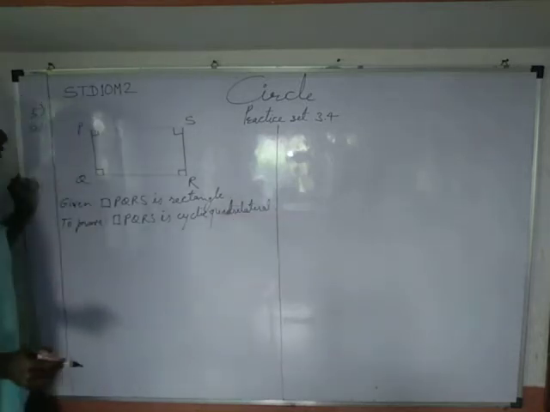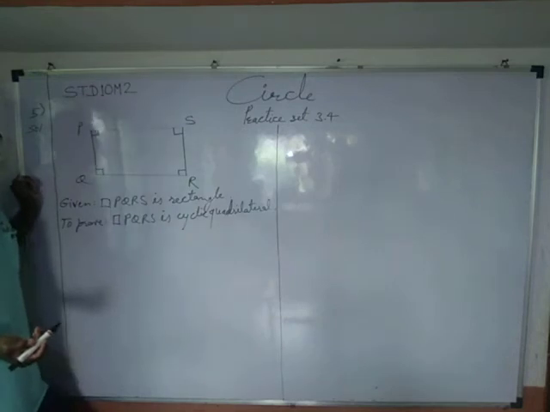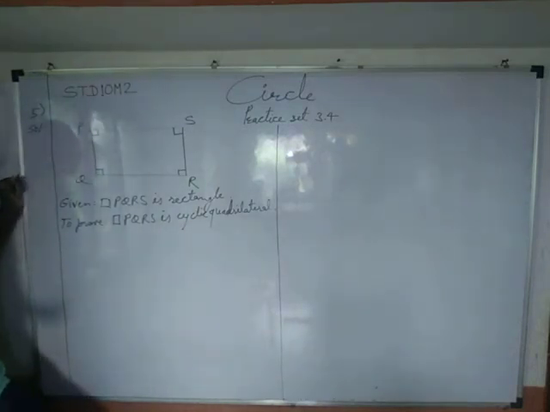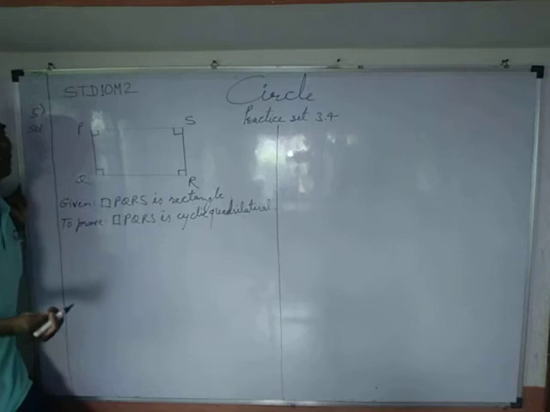By the definition of a cyclic quadrilateral, if all the vertices lie on a circle, then that quadrilateral is called a cyclic quadrilateral. And we learnt the theorem of cyclic quadrilateral. According to that, opposite angles of a cyclic quadrilateral are supplementary, and conversely, if opposite angles of a quadrilateral are supplementary, then it is a cyclic quadrilateral.